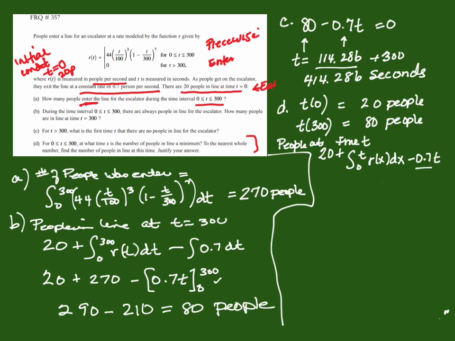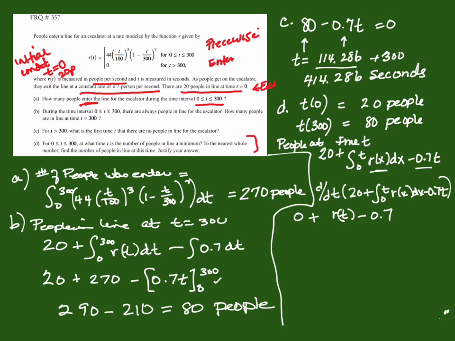We write r of x because that's a really complicated function, and since we can use our calculator, we can just do that. Now, if we take the derivative, d dt, of 20 plus the integral from 0 to t of r of x dx minus 0.7t, you get 0 plus r of t minus 0.7.